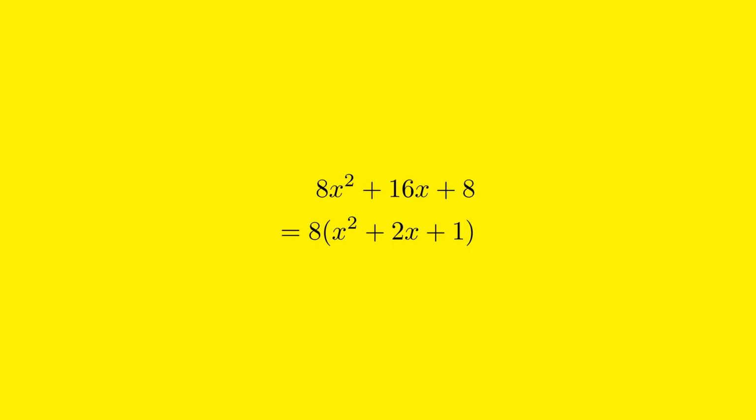Start by rewriting the expression as 8 multiplied by x squared plus 2x plus 1. Effectively, we have factored out the 8, simplifying the quadratic expression inside. This process reduces the original expression to a more manageable form and allows us to focus on the inner quadratic expression, x squared plus 2x plus 1.